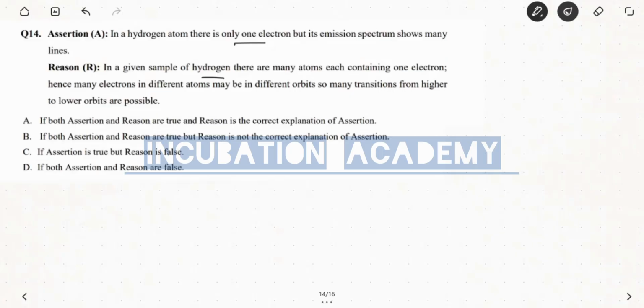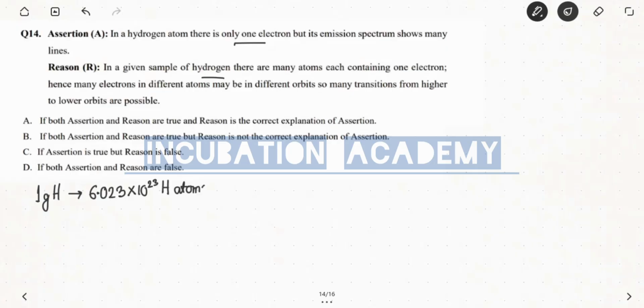You can see it. So obviously, if you take for an experiment 1 gram of hydrogen atoms, then this 1 gram contains 6.023 into 10 to the power 23 hydrogen atoms.